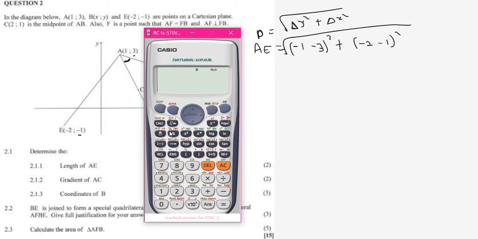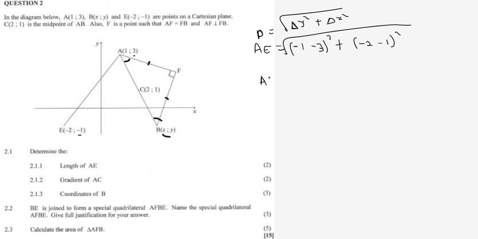First of all, you put the root, and then you put the open bracket, -1 minus 3, close, squared, plus open bracket, -2 minus -1, close, squared. Then you press equals. Then you get that from A to E, it is 5 units.